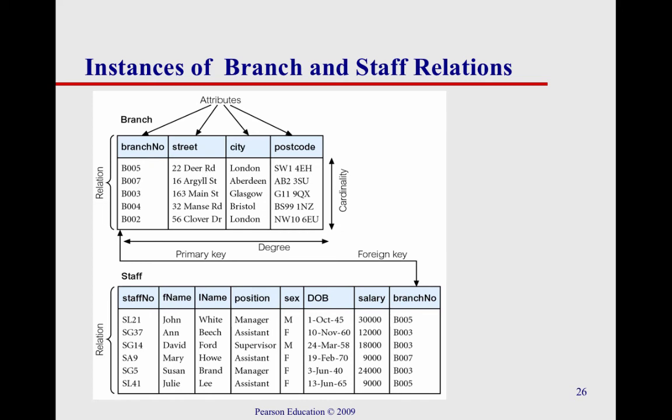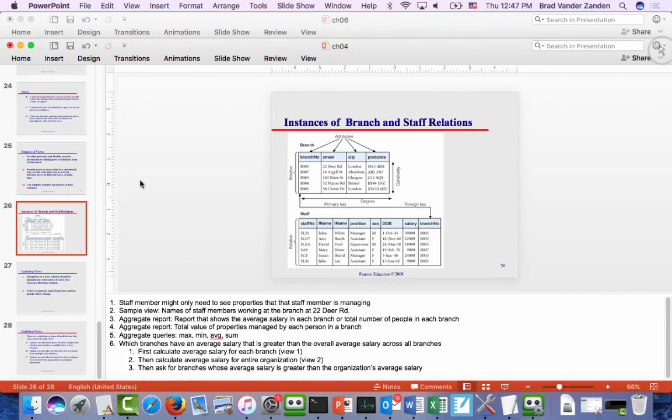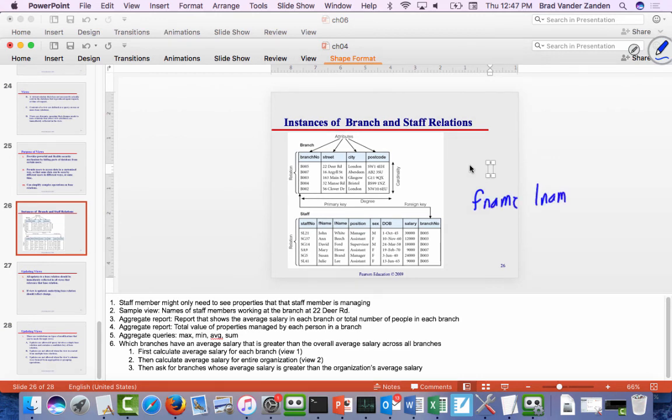So it might be nice to construct a view, a relation that had two columns, and the two columns would simply be the staff member's first name, the last name, and their address. So this would be an example of a view.